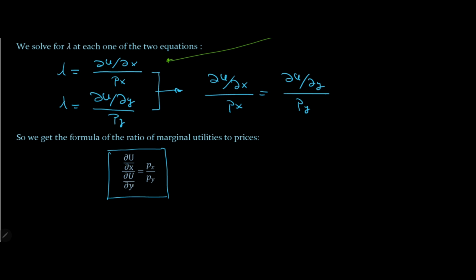It's the same as the ratio of prices, and that's the economic principle that is used in consumer theory. And for us, it's just a shortcut for finding the critical point without really writing down the Lagrangian function and building the system the traditional way.